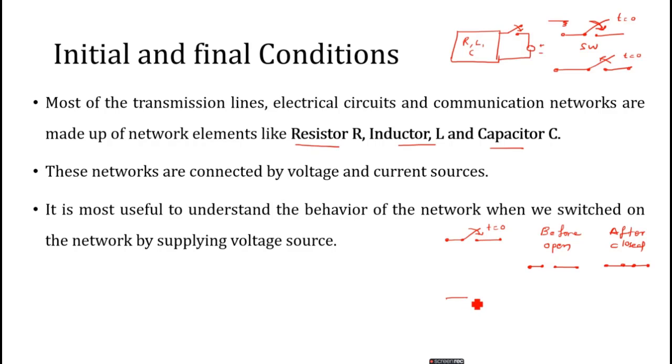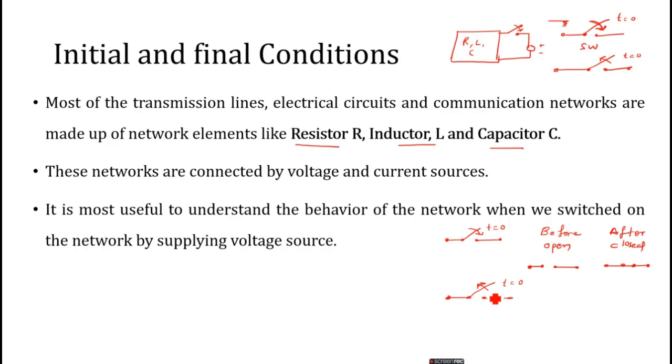Consider one more possibility. It is a switch, but this is the direction and they have given this as 0. The meaning of this is, because of this direction, when this switch is operated, actually it opens. You see the arrow direction here. At time t equals 0, the switch is operated.